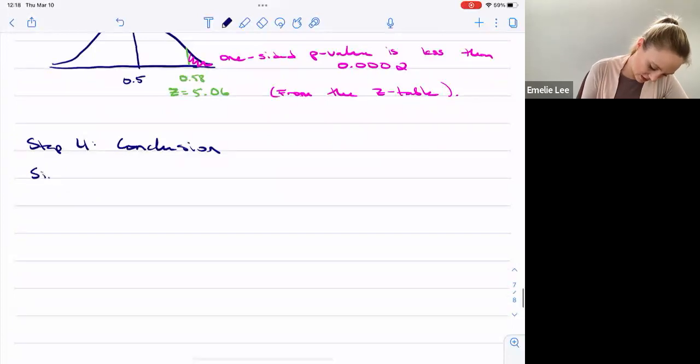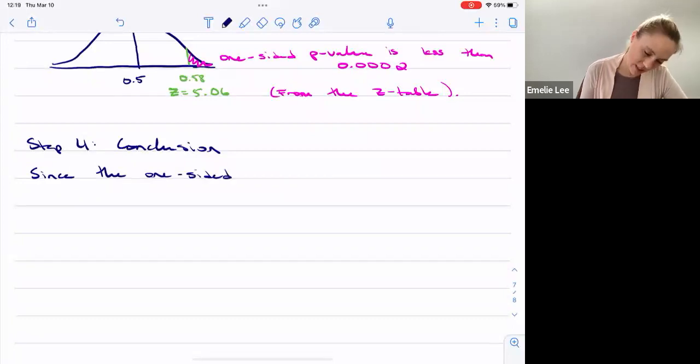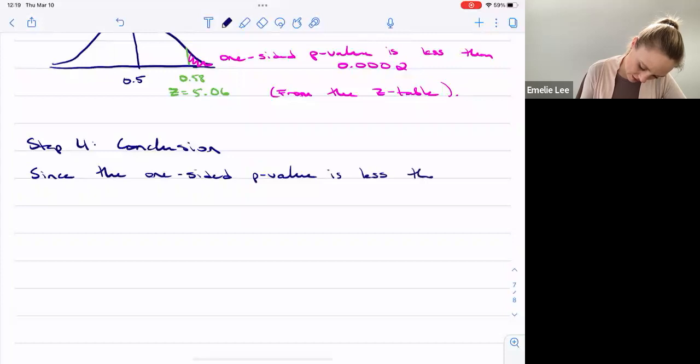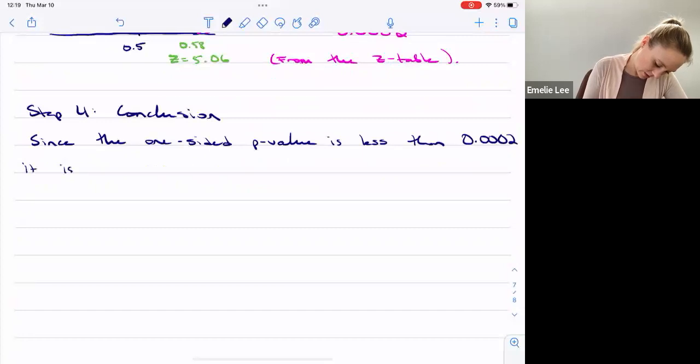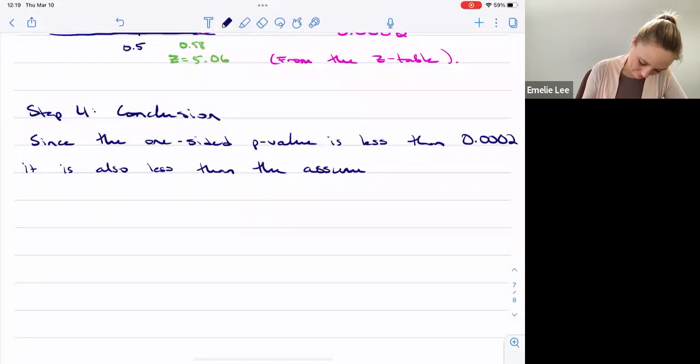And so since the one-sided p-value, and I just like to show off everything that I've found, is less than 0.0002, it is also less than the assumed alpha level of 0.05.